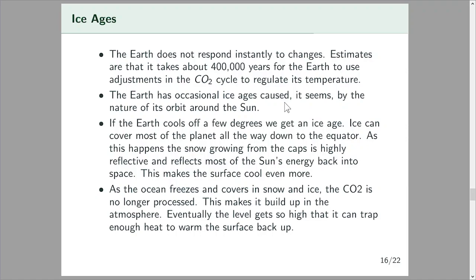As the ice builds up, it can be more reflective. Snow is more reflective, and so that makes the problem worse because the Earth isn't absorbing heat to warm back up. And so this can go on for a long time. We've had ice ages that have gone all the way down close to the equator at times, certainly well into the United States.